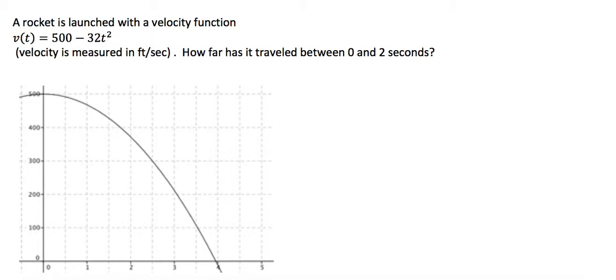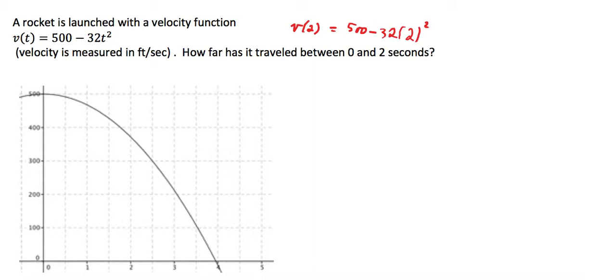A lot of people make the mistake of just plugging 2 into this function, right? And that's clearly wrong, although we can certainly calculate v of 2. V of 2 is 500 minus 32 times 2 squared.